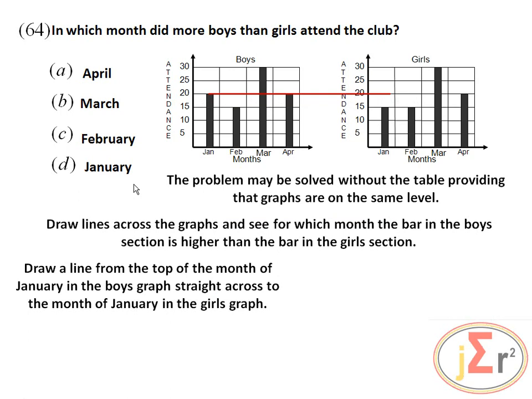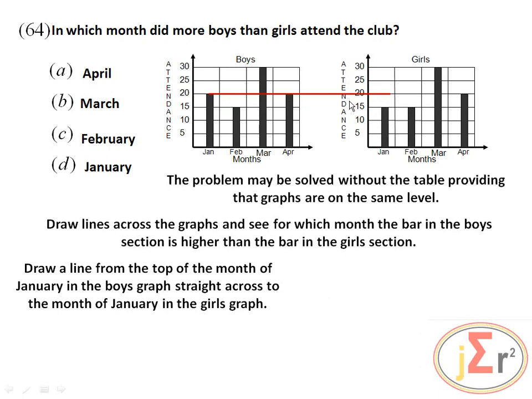Good. What do you notice? The line that we have here is going from the top of the bar for January. And it is higher than the bar in the girls graph for January. So we realize here that this one is definitely higher. The girls' graph shows that the bar is below the line that comes across here.